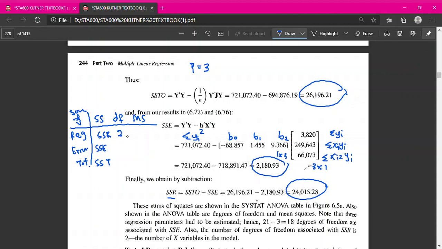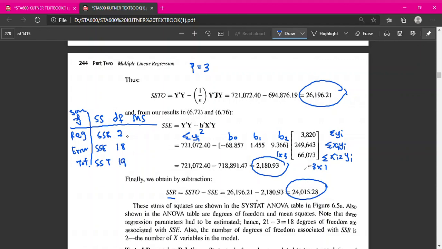The degree of freedom for error is N minus P, which is 21 minus dengan 3, you will get 18. And then the SST N minus 1 will be 20.